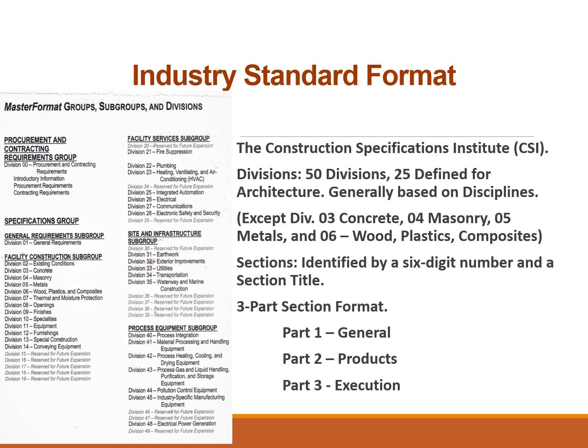Existing conditions are primarily about what's on the site, requirements for such things as demolition. Now, divisions 7 through 14 are specifically architectural elements. The thermal and moisture protection, which would include your waterproofing and roofing and your insulation for the exterior of the building.